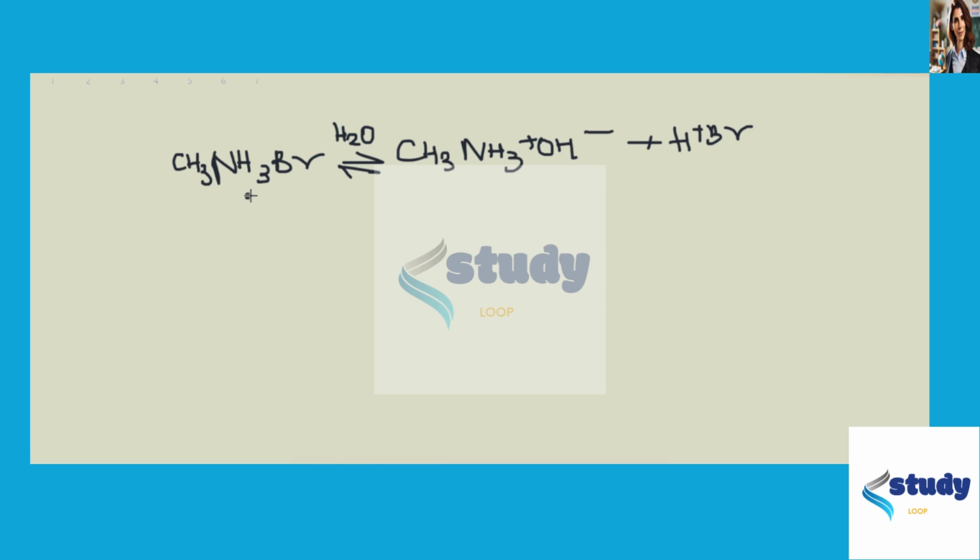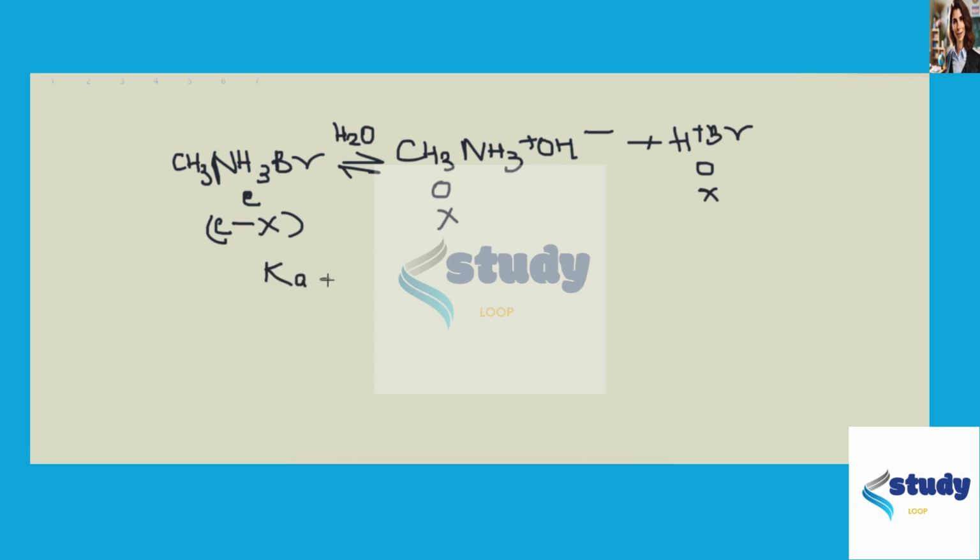You start with the concentration of C, nothing here, nothing here. Some amount of it gets hydrolyzed and you end up with X moles of this and X moles of that.